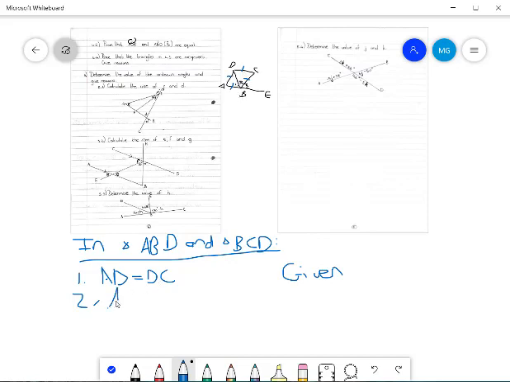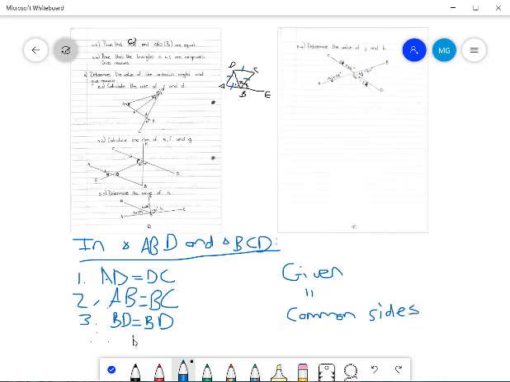I can say that AB and BC are the same, and that's also given to us. And then the third thing, remember, I only have to prove 3 things. The third thing is that BD is the same as BD. Why? Because they are common sides. Remember, common sides are the same size.